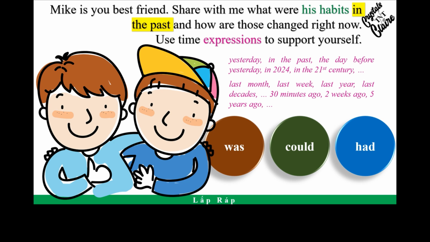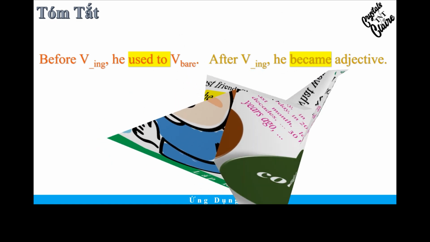Okay, yes. Last year he had a dog, but right now he has a cat. Okay, so those are the example of using was, could, and had. You try to create the sentences by yourself.